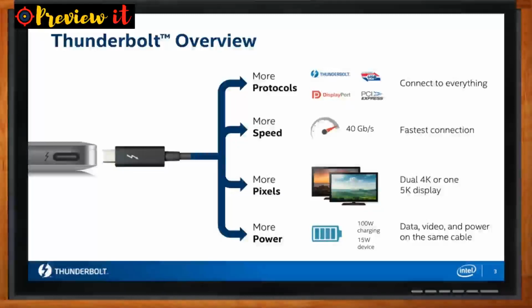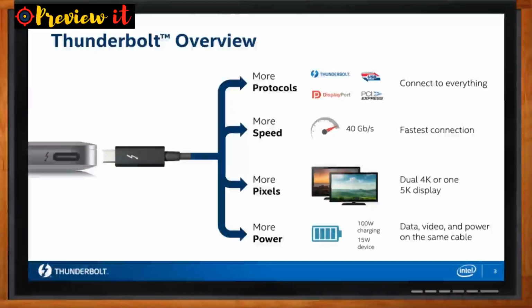It supports PCIe, DisplayPort, and USB protocols and combines them into separate signals using just one single cable. It also offers a speed of 40 gigabits per second, which is the fastest speed we have today for data transfer. It supports two 4K monitors at 60 hertz or a single 5K monitor, and it also provides a charge of 100 watts to any laptop or workstation that is connected to it.